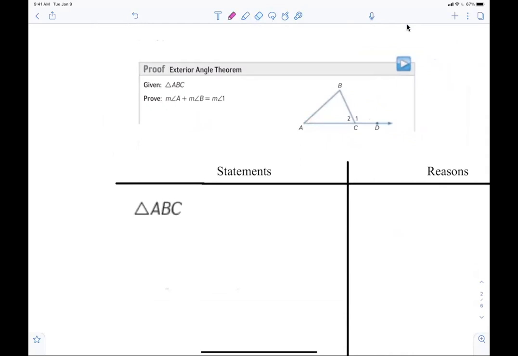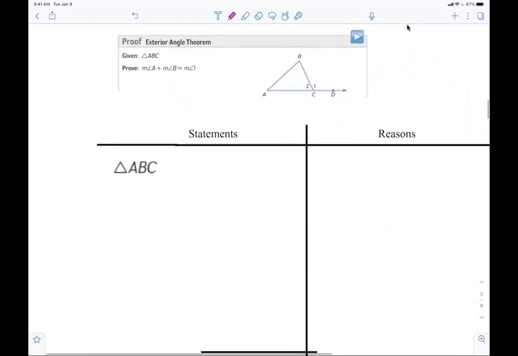All right, so here we go. I'll let you look at that real quick if you want to set that up. Triangle ABC is given.